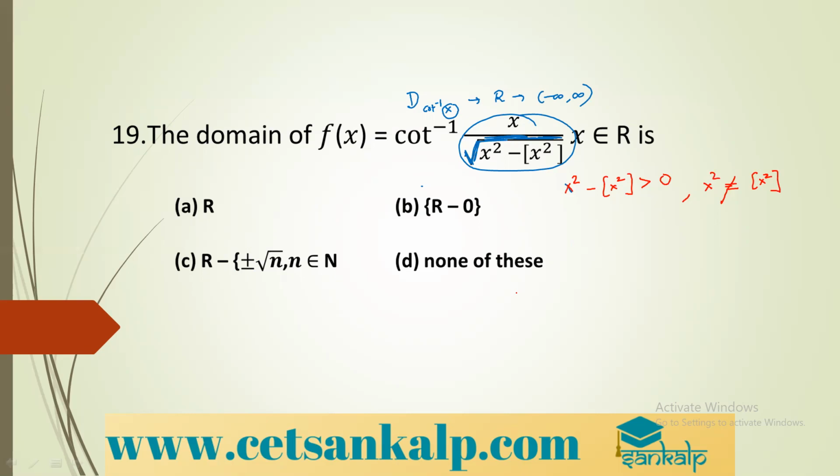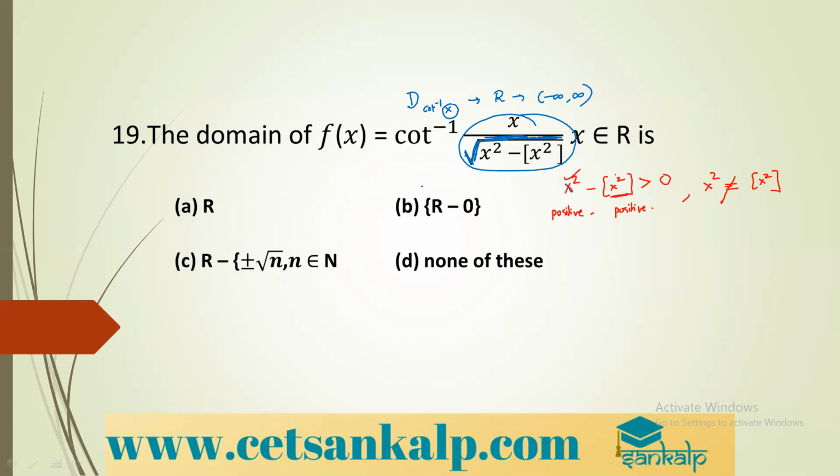So this is the thing you have to notice. First condition: x square, squaring means you will get positive only. And here also we are taking x square, which will be positive only.